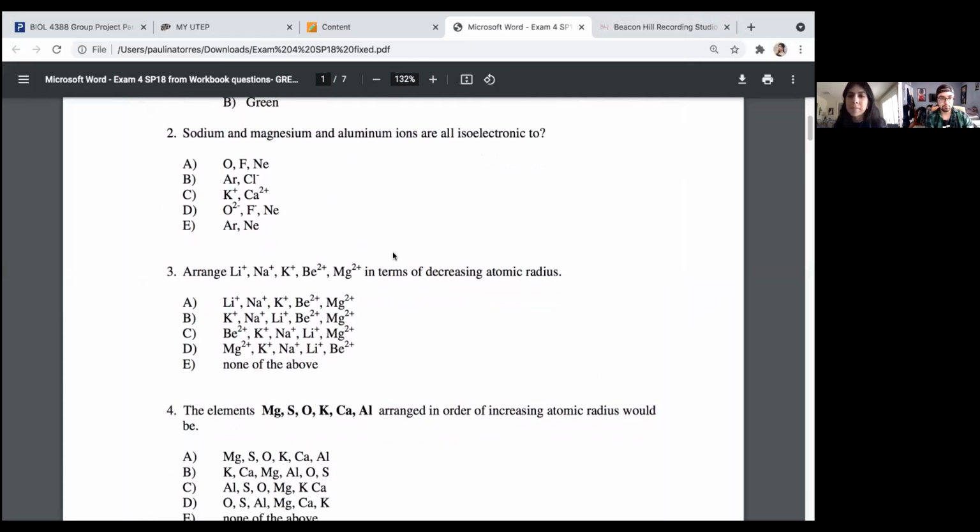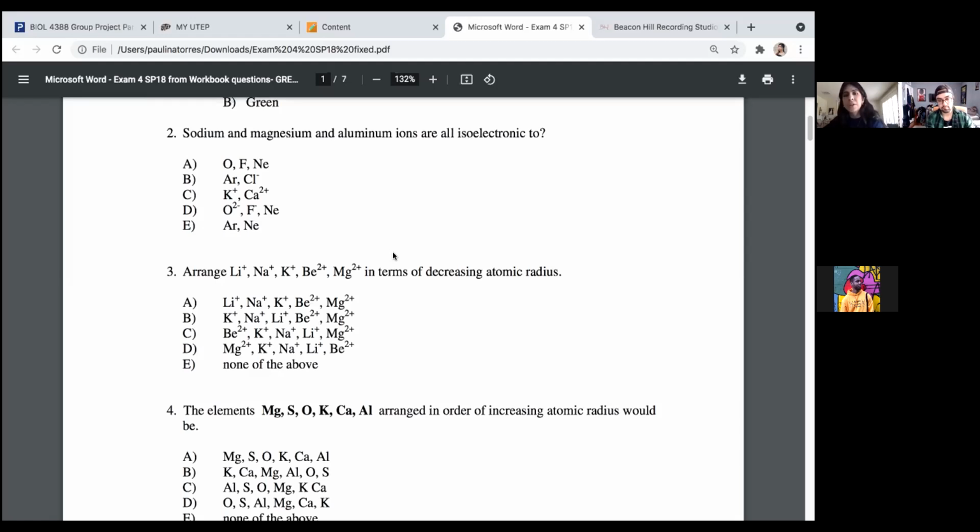Like the same elements as sodium and magnesium and aluminum? Close. So we just have to be careful with wording. Is it pertaining to the amount of electrons being the same? Yes, perfect. Exactly. So it is more specifically electrons that are going to look the same as a specific element.